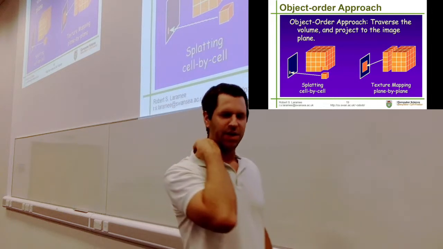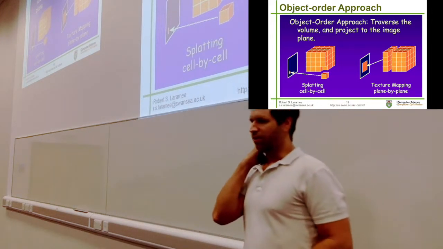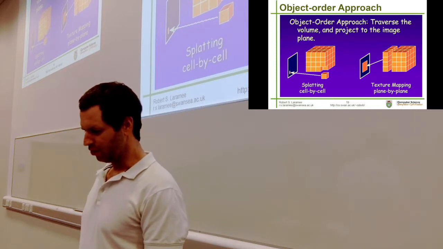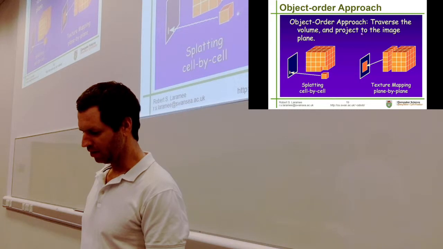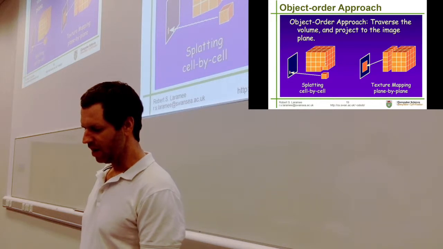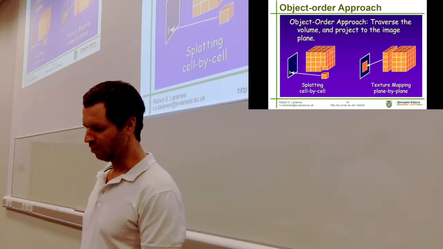And then in the other classification, we have object order approaches, so they traverse the volume and project to the image plane. So imagine traversing the volume voxel by voxel or cell by cell, and then running some computation.